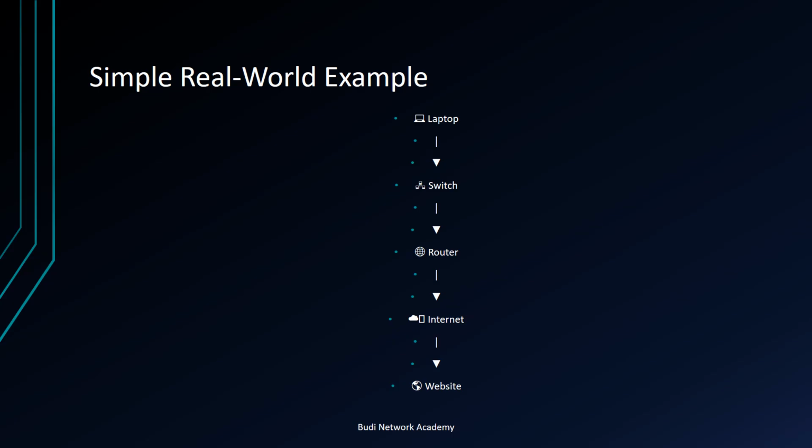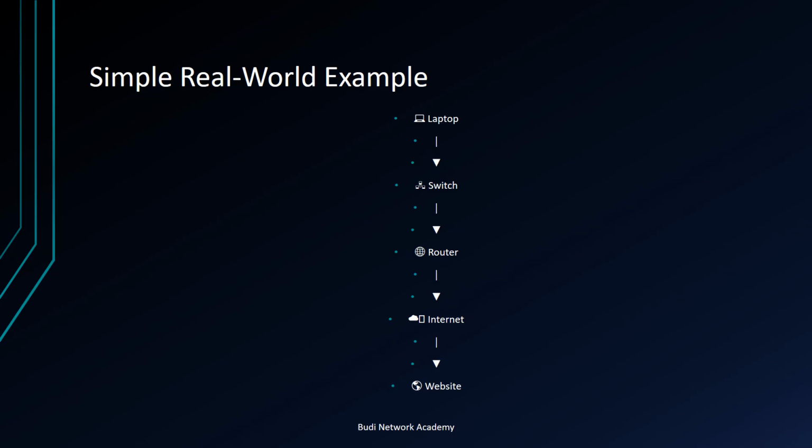Let's put everything we have learned together with a simple example. Imagine that you are sitting at home using your laptop and you want to visit a website. Your laptop sends the traffic through your local network. The traffic reaches your router. The router forwards it toward your internet service provider and eventually toward the destination website.